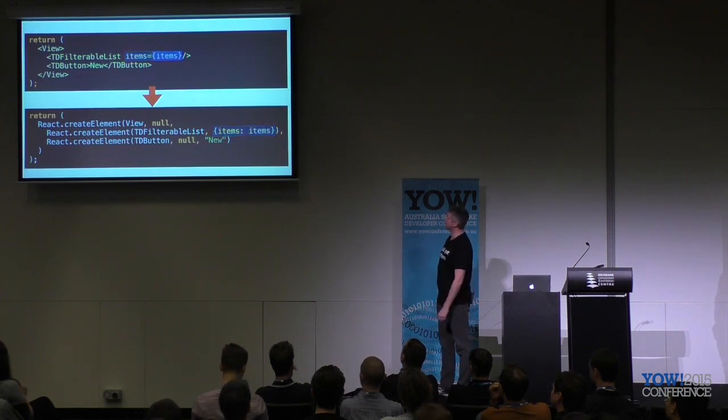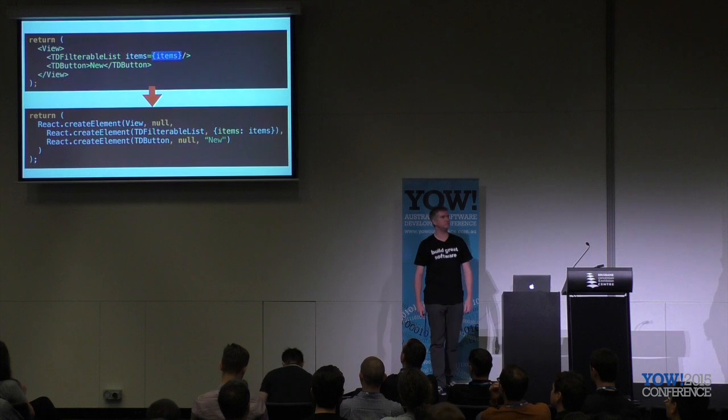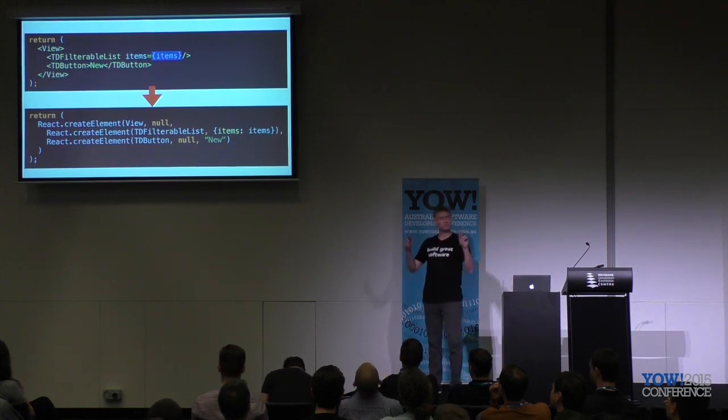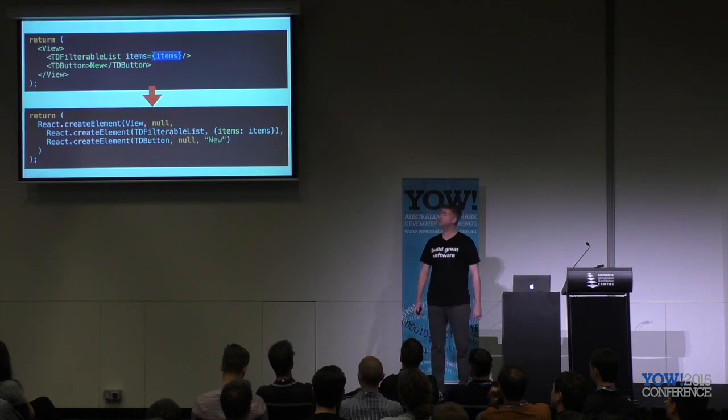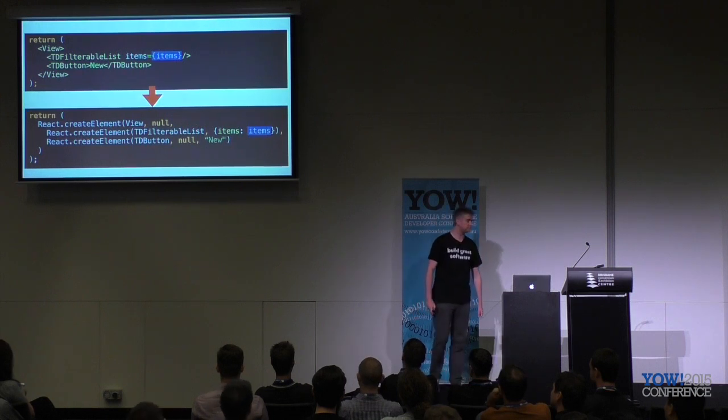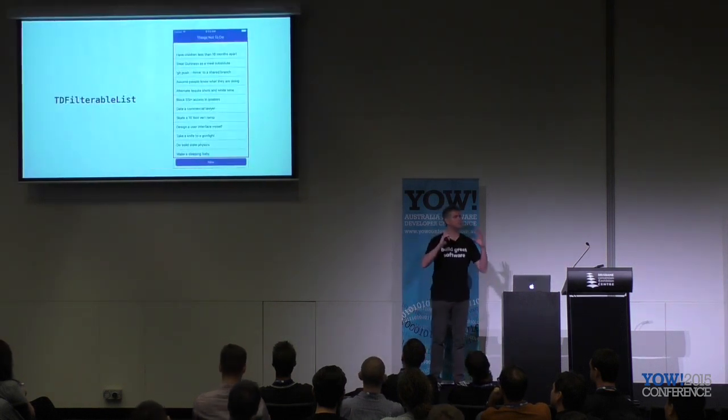And finally, sometimes we do want to access some variables in the surrounding scope inside our JSX. We can do that using this little curly bracket notation. All I'm doing here is accessing the global items list that I've set up. It can be any JavaScript expression I want, and that's just going to pass it in there when the element gets created.